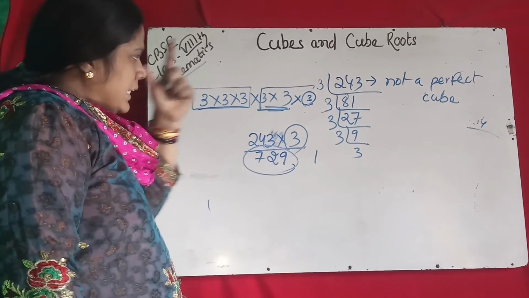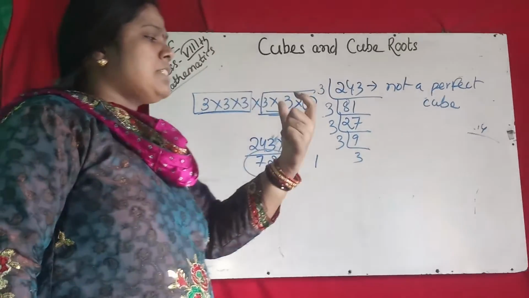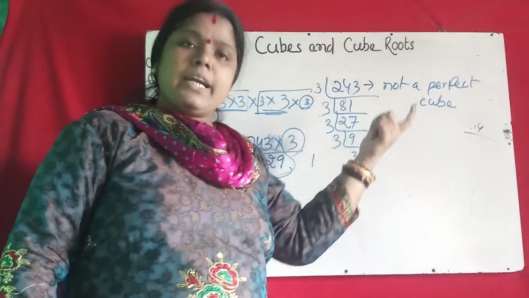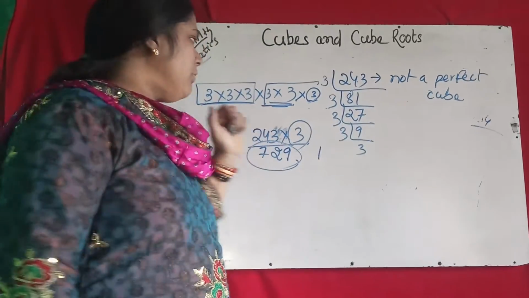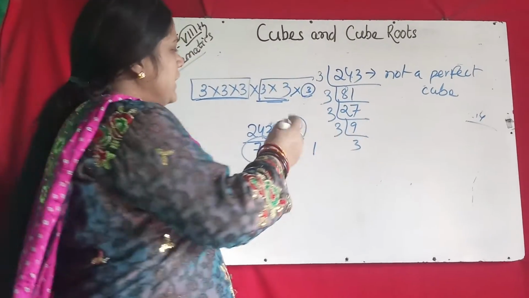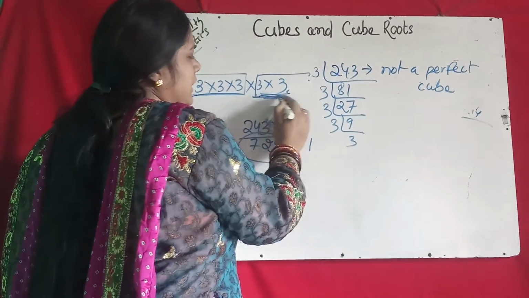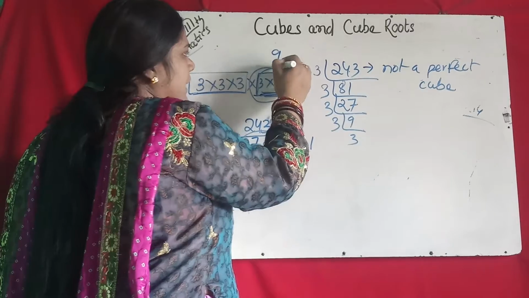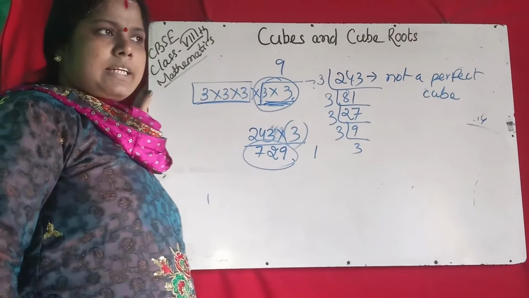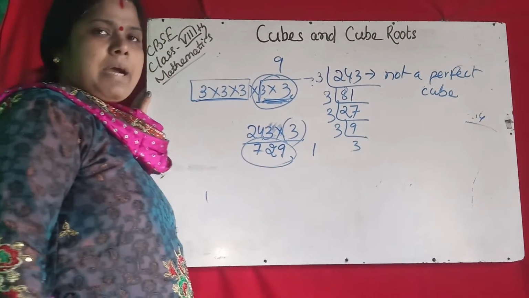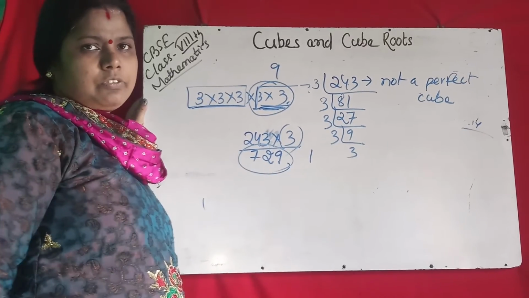Suppose the same question is asked: by which number must it be divided to get a perfect cube? Divide means what extra number is there. Here there is only 3 into 3, so 3 into 3 is 9. If you divide the given number by 9, then you will get a perfect cube.